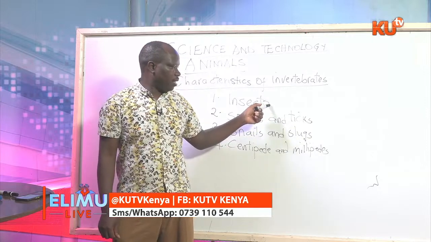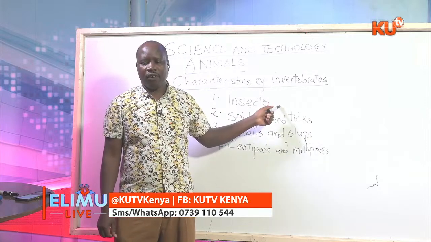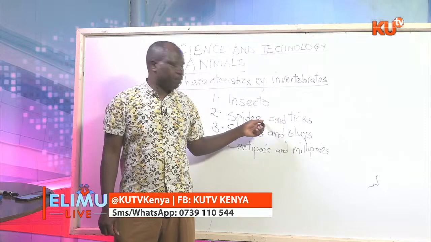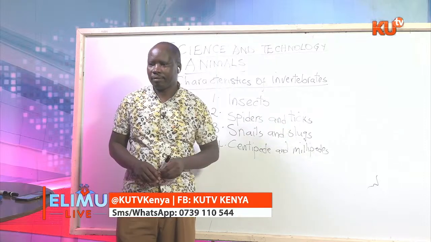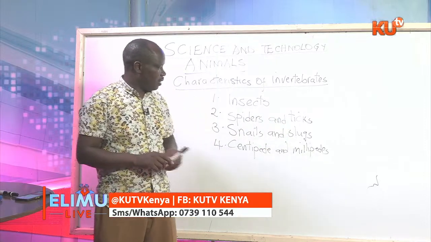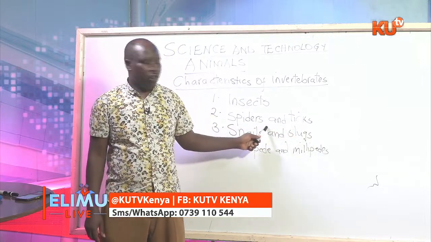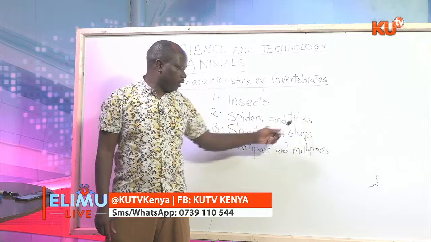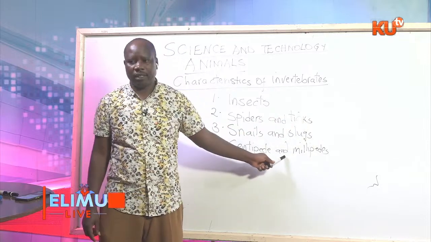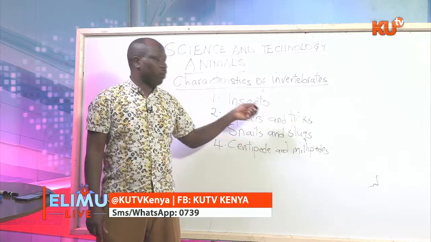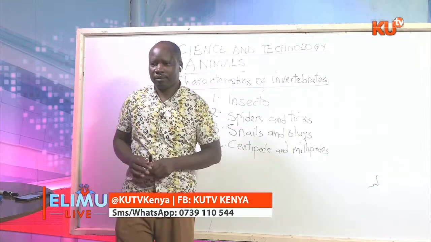And why don't we say a butterfly falls in the group of spiders and ticks? Or why can't we say ticks fall in the group of snails? Or in the group of centipedes and millipedes? Or in the group of insects?